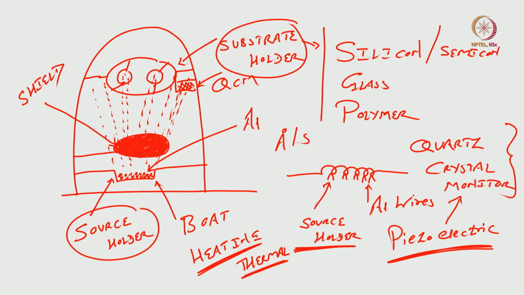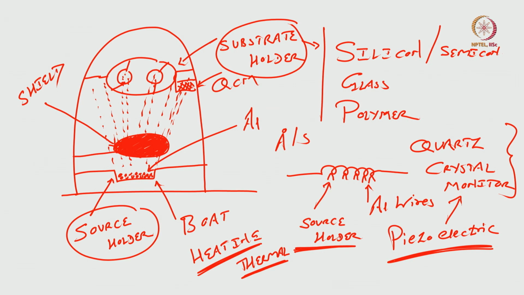Once you melt the aluminum, you want to observe it. To observe this melting of aluminum, what do you require? You require a window, isn't it? Once it is melted, then you open the shield so that the deposition starts. While it is still melting, you do not open the shield, because it is not completely melted. When it starts melting, it starts evaporating, but we do not want that.